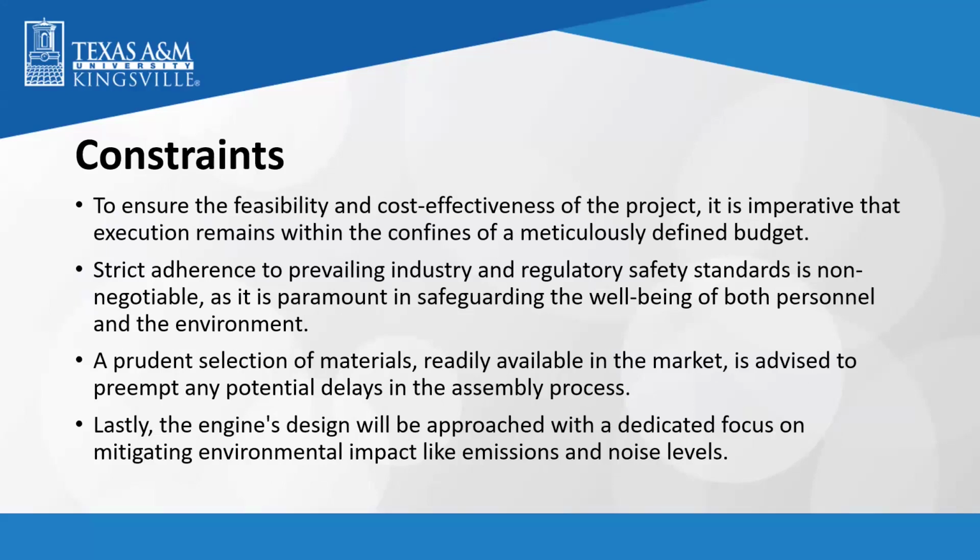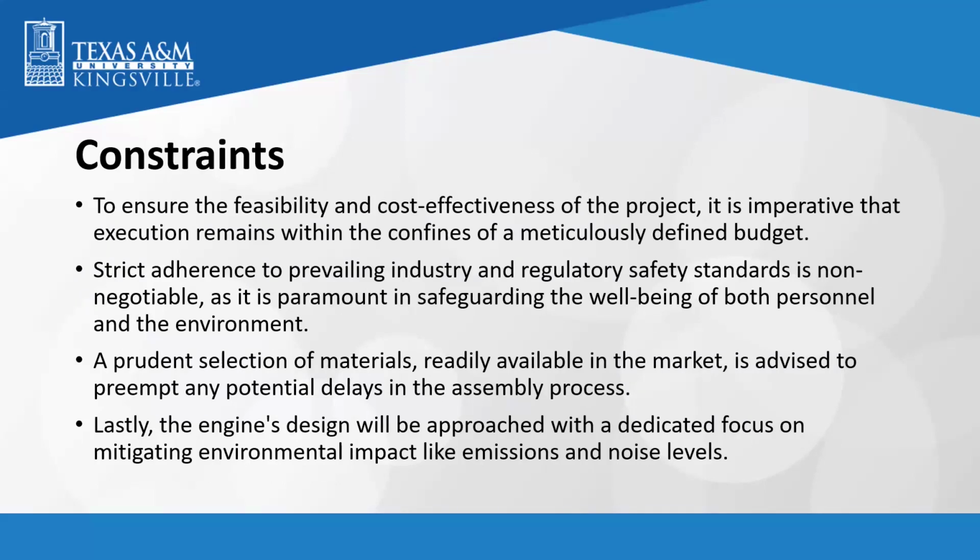As far as our constraints, the first thing we wanted to make sure of was that we're not going over budget. Our budget was going to be $1,000 at this point, and we stayed below that for now. It's still continuing as well. Next, strict adherence to industrial safety standards, making sure that we stay within code and don't do anything that could harm us or the project in any way.